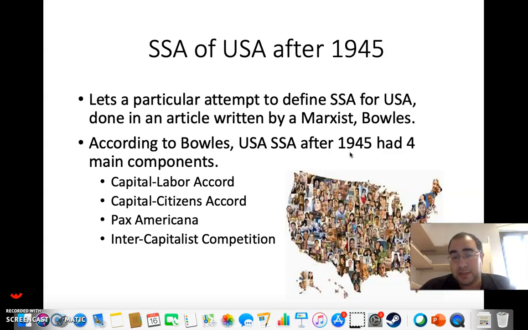The second one, again, I'm going briefly over them, was the capital-citizen accord. So basically, the ordinary people's life as consumers was improved to a certain amount by providing them certain things freely, like college education for the people above a certain level of abilities, healthcare, and social security.